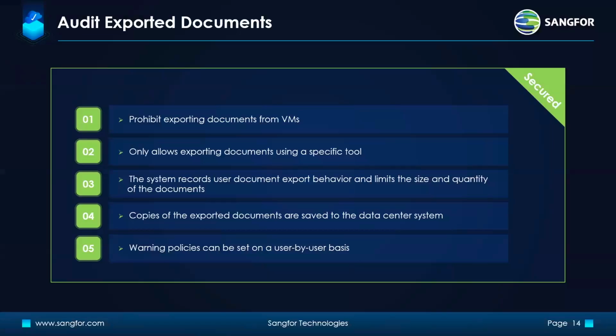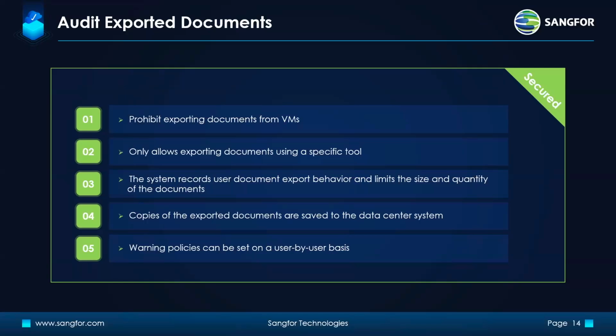Audit of exported documents: as I mentioned, we can prohibit the user from exporting documents from our VDI VM, and only allow exporting documents from a specific tool. The system can record user document export behavior, and we can set a limit that he can export files 5 times, 6 times, or 10 times, or limit the size of that particular document.